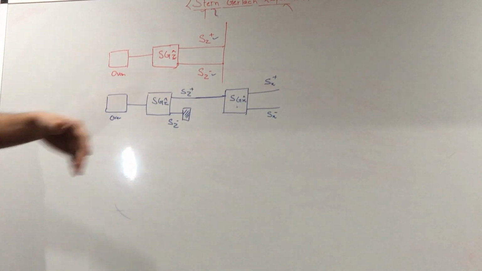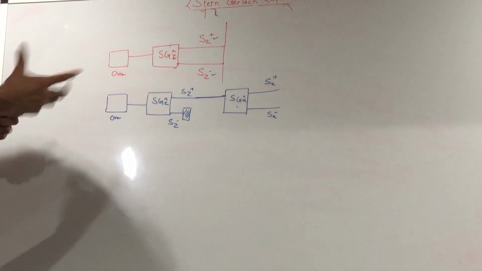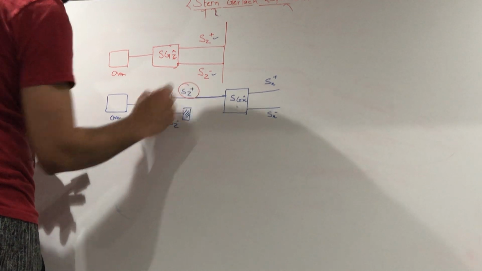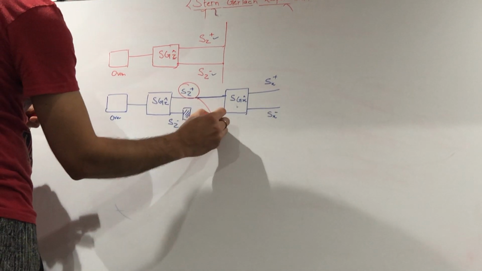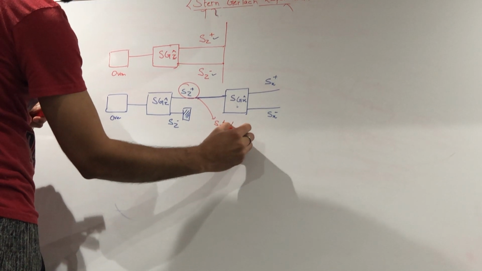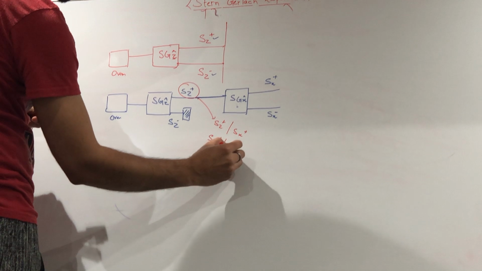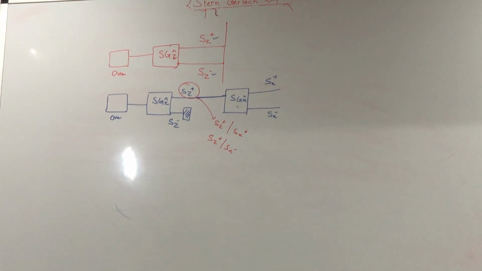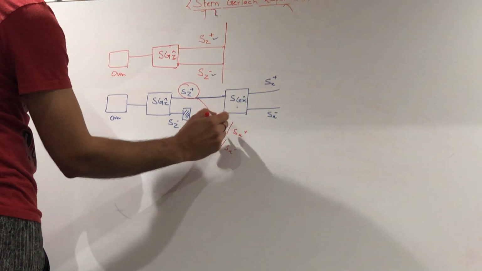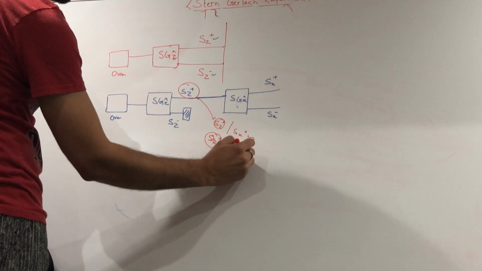So what we interpret from here is that this beam is comprised of SX plus and SX negative. When it is allowed to pass through this apparatus, this portion is blocked and this one is allowed to pass.